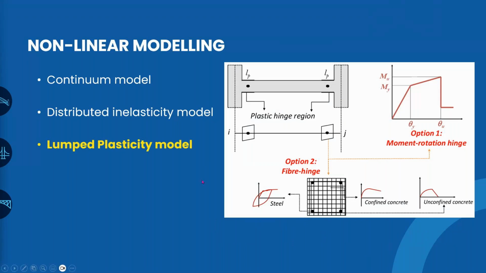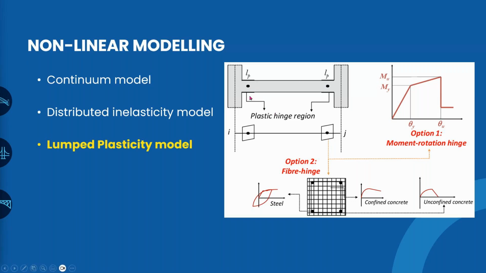Then a far simpler model with respect to the distributed inelasticity model is called a lumped plasticity model. So in case of the lumped plasticity model, what we do is rather than dividing the entire member into different sections, we consider only the points wherein the plastic hinge formation has the greatest possibility.